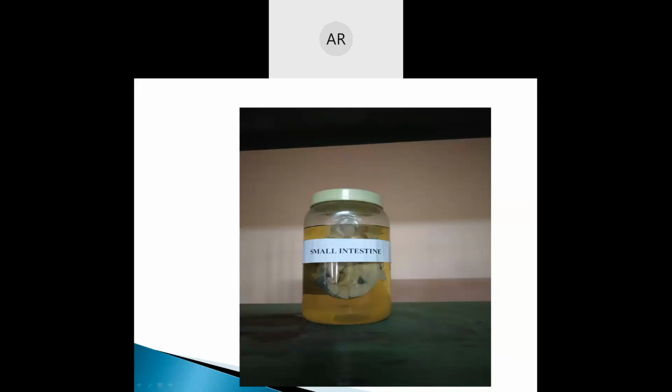Okay, start saying about small intestine. Small intestine is an organ in the intestinal tract where most of the absorption of nutrients and minerals from food takes place.